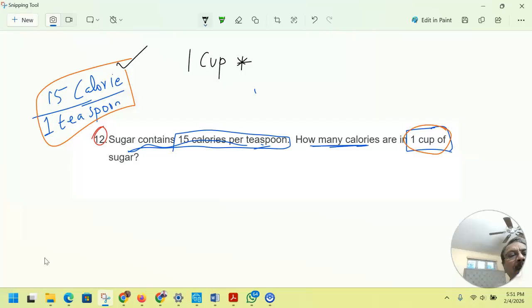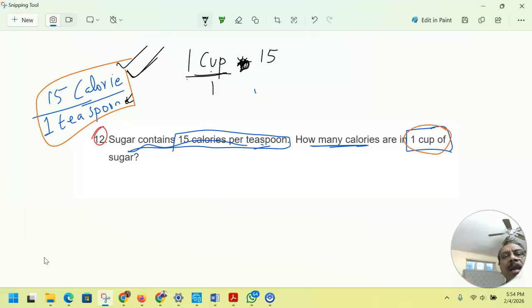And you can see there's a tablespoon there. So first thing I'll do is start with 1 cup, this is over 1, and I multiply by this conversion factor.